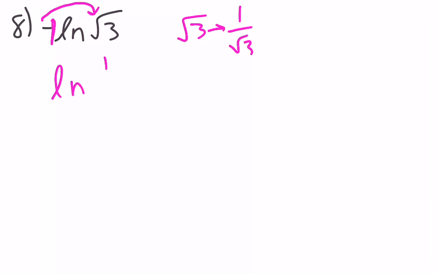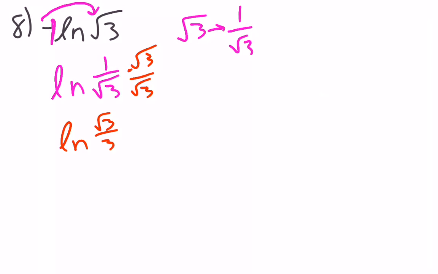So natural log of 1 over the square root of 3. And you know, someone somewhere decided we shouldn't have square roots in the denominator. So we have to rationalize that. Everyone's favorite thing in the world. And our final answer is natural log of square root of 3 over 3. That's it for log properties.